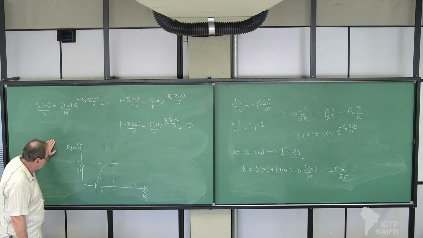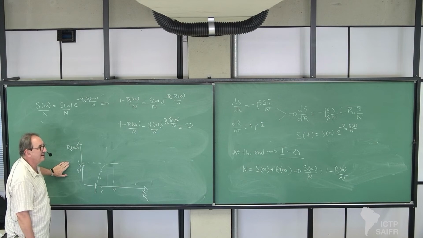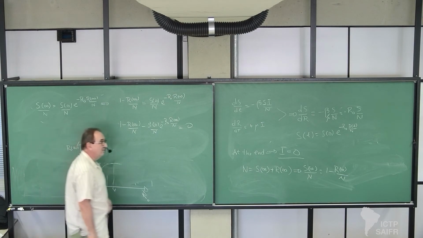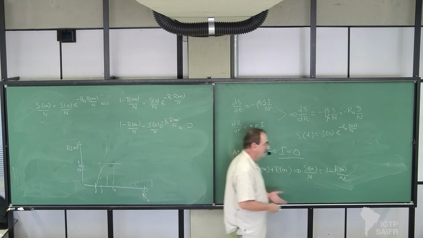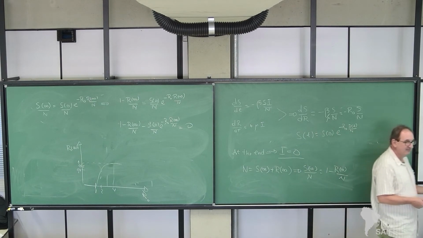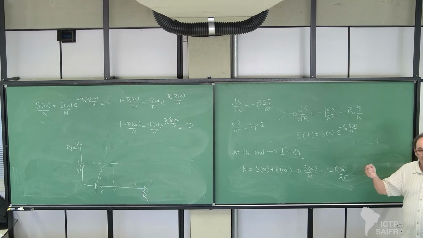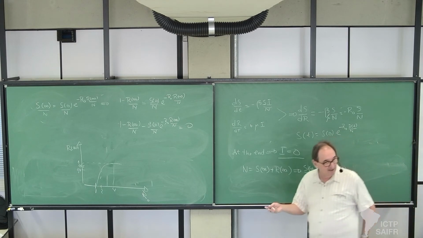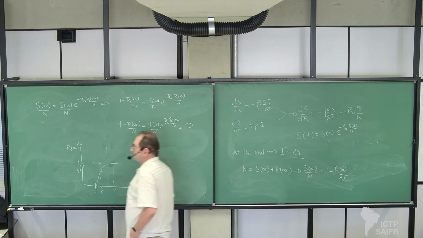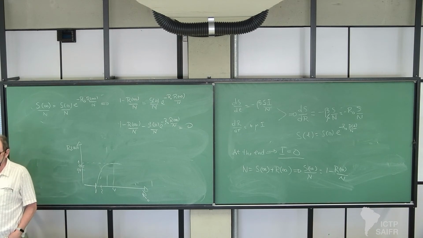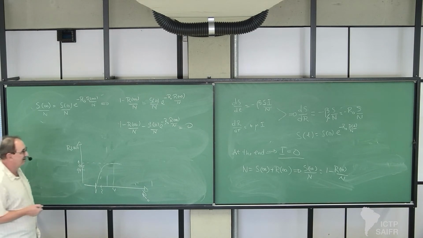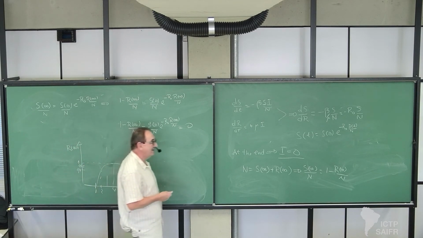So R0 determines the final size of the epidemic, and therefore knowing the size of R0 at the beginning can give you some idea about the number of people that can go through infections.